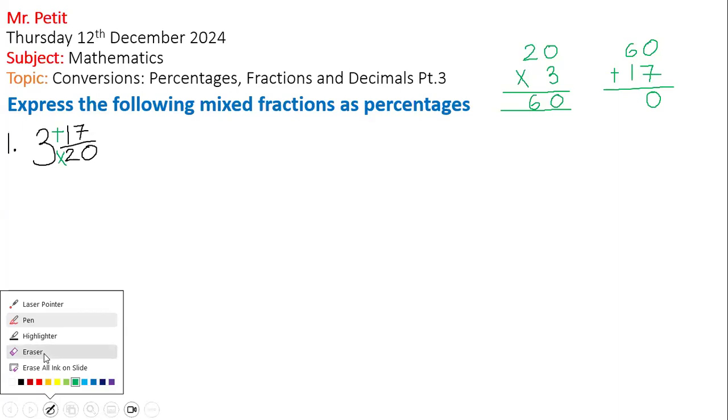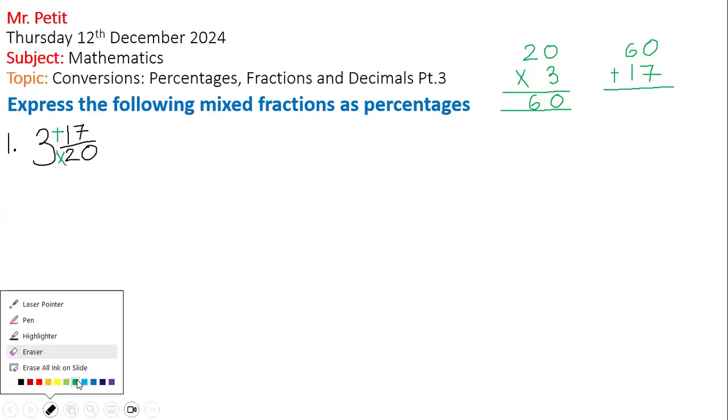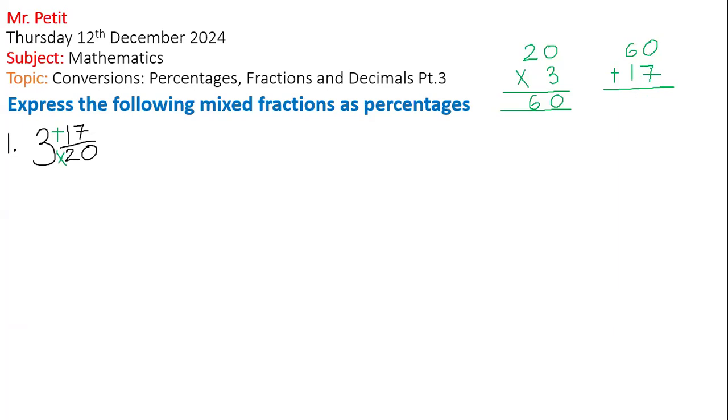You're right, I'm not multiplying, I'm adding. 7 plus 0 is 7, and then 6 plus 1 is also 7. So this is going to be equal to 77 over 20.